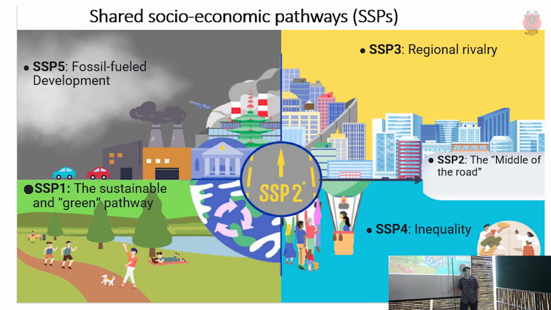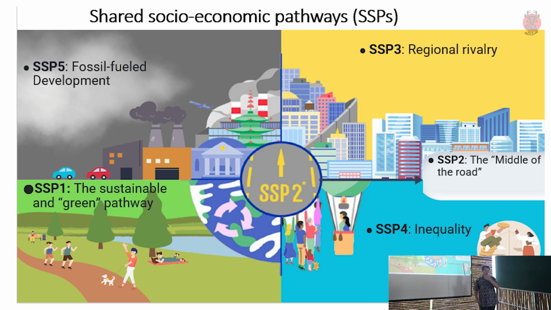SSP1 is where we choose a sustainable future, a green pathway. We reduce our own consumption. Okay, so the average Australian doesn't eat however many kilograms of beef a year. We reduce meat consumption. We also decrease our population growth globally.